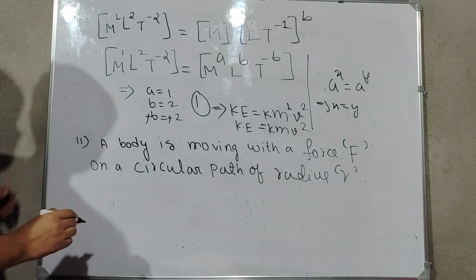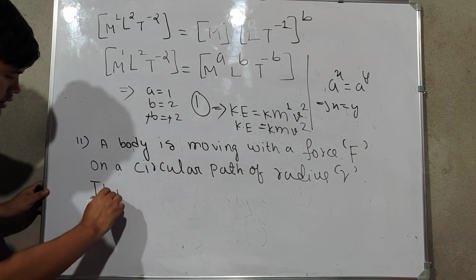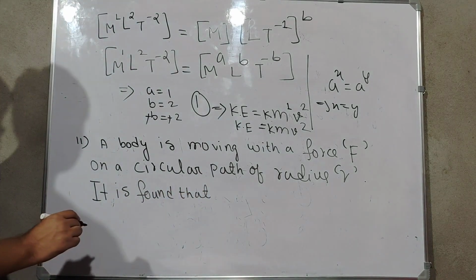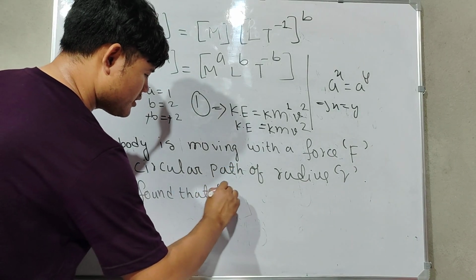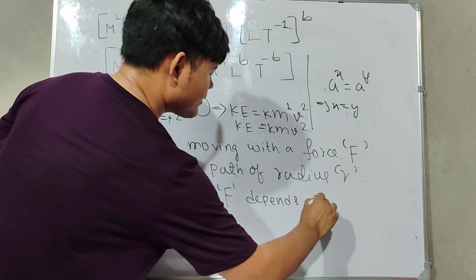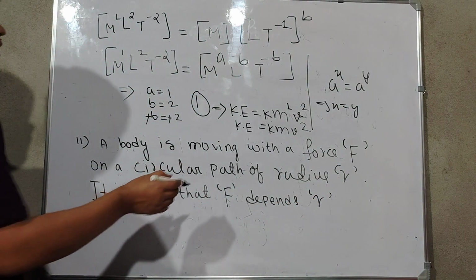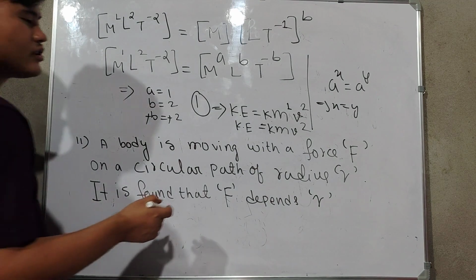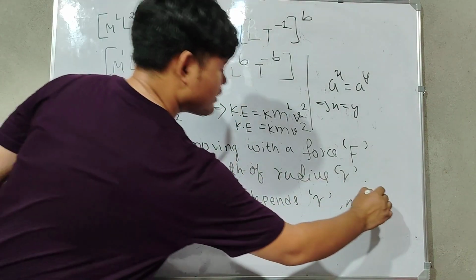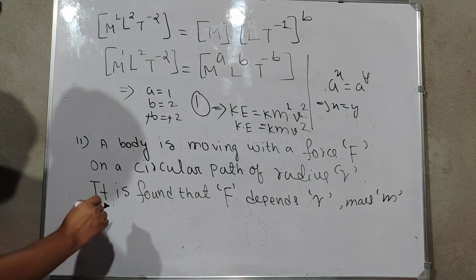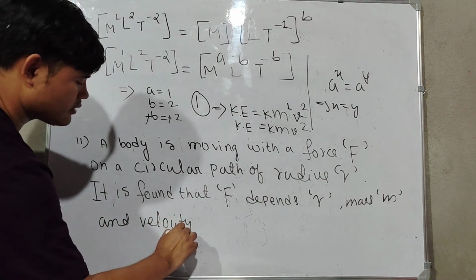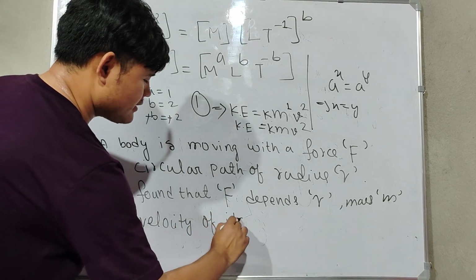Now it is found that F depends on r, the radius of the circle, mass m, and velocity of itself.